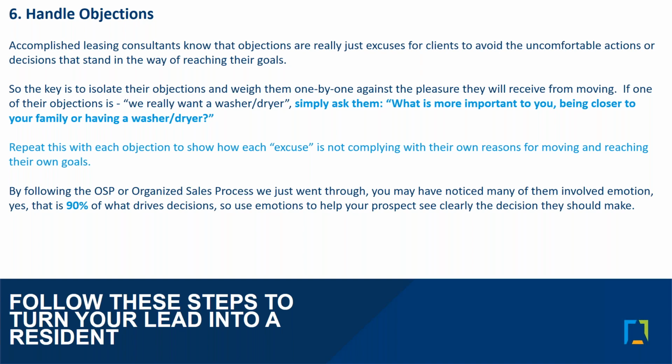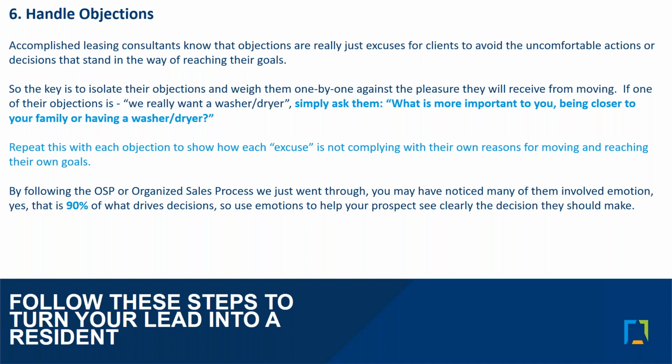Or is having a washer and dryer more important? So, put it back on them and let them weigh that decision. Repeat that with objections, each time showing how they are excuses for not complying with their own goals for moving or reaching their ultimate goal.